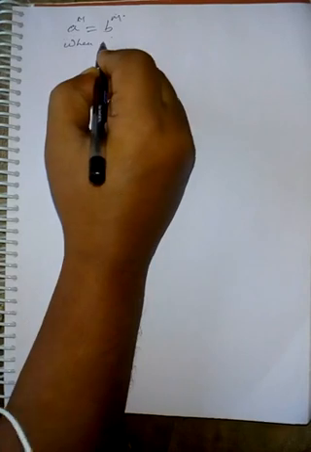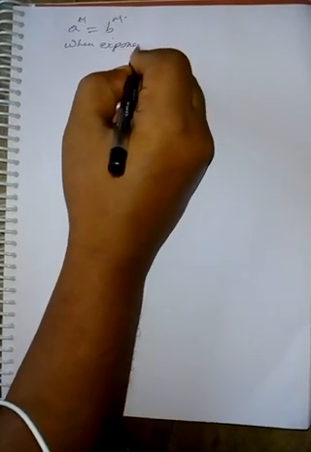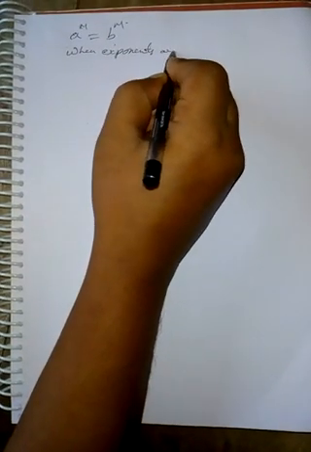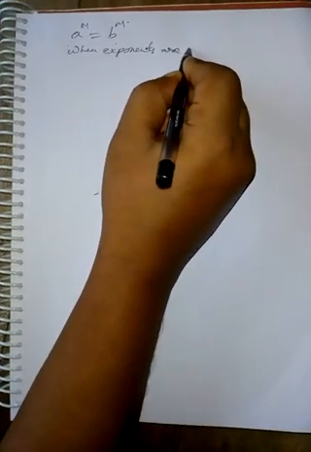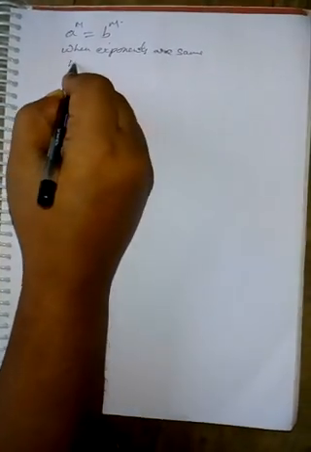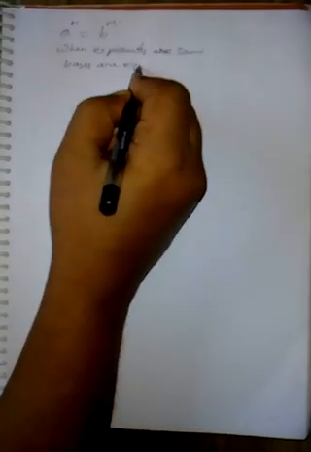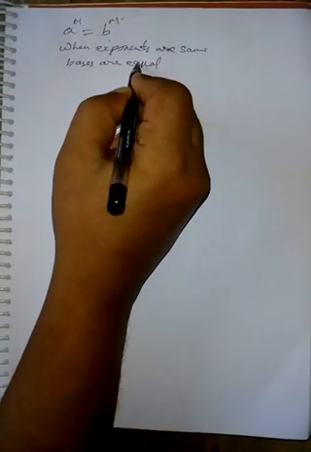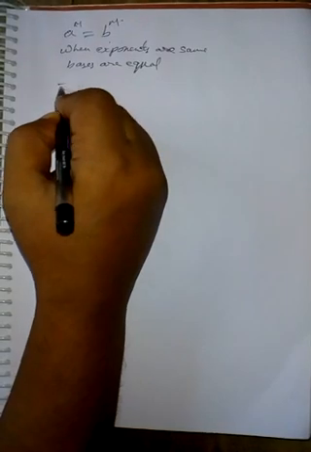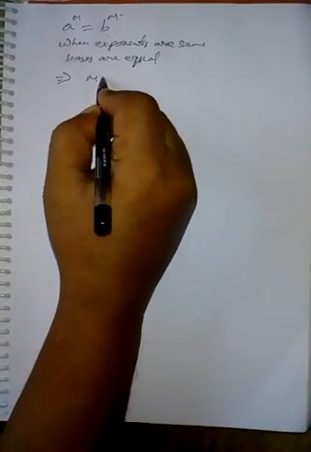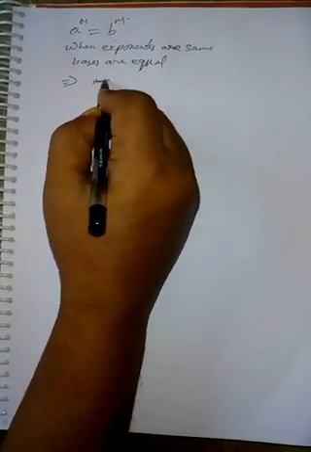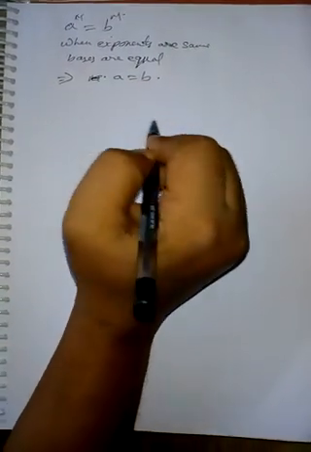When exponents are the same, bases are equal. This implies a is equal to b.